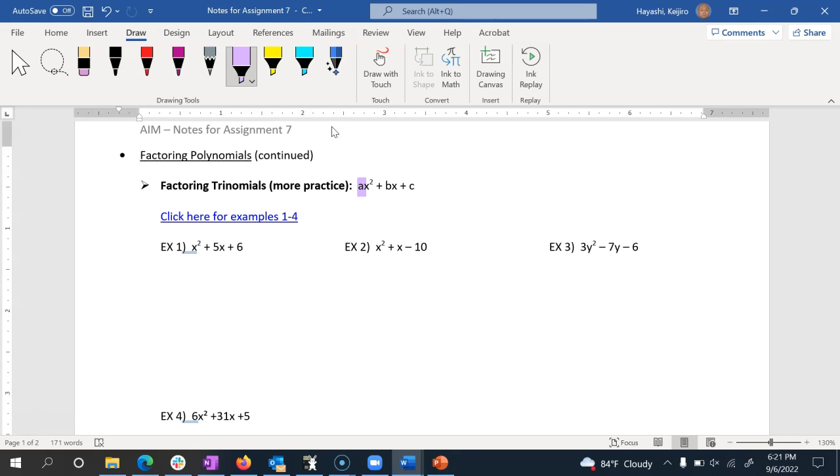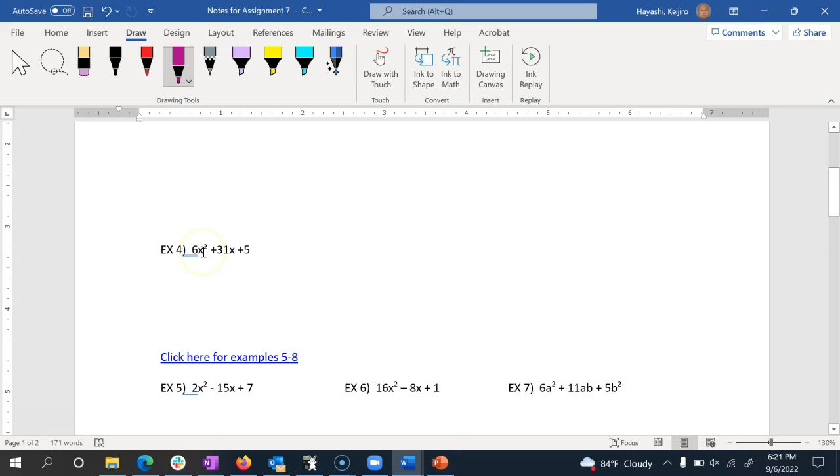So if a is 1, like it is for examples 1 and 2, you can just do the normal thing, just make the x and pick your two numbers. Whereas if a is some other number, like 3 or 6, or 2, or 16, that's when you have to slide and divide.